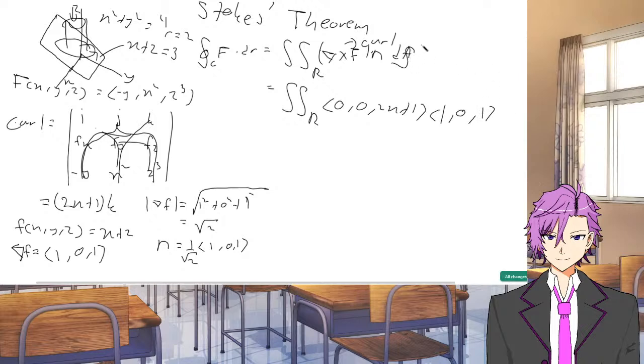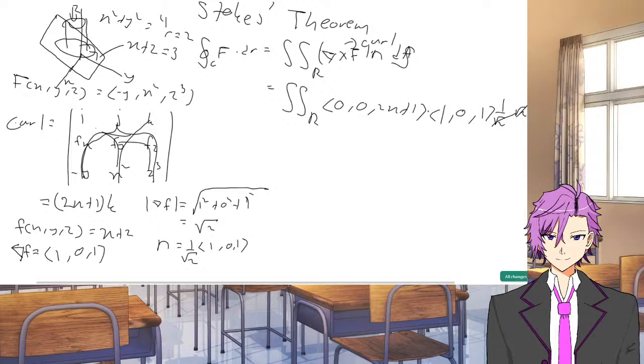So since this is dS, not dA, sorry about that, 1 over square root 2 times square root 2 dA. Cross that out.